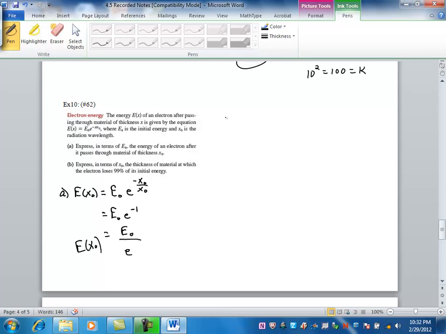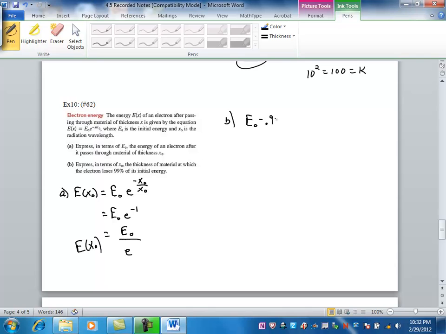And then part B wants us to express in terms of x sub naught the thickness of material at which the electron loses 99% of its initial energy. So what we've got is all of the initial energy.